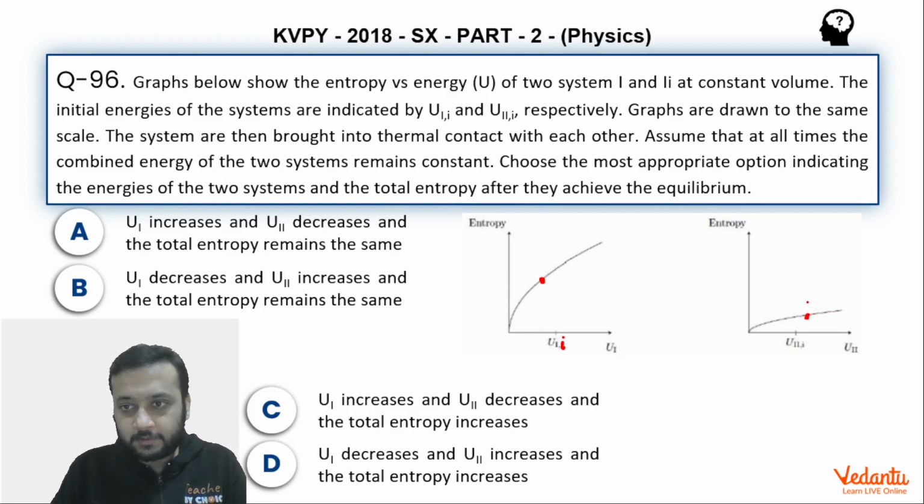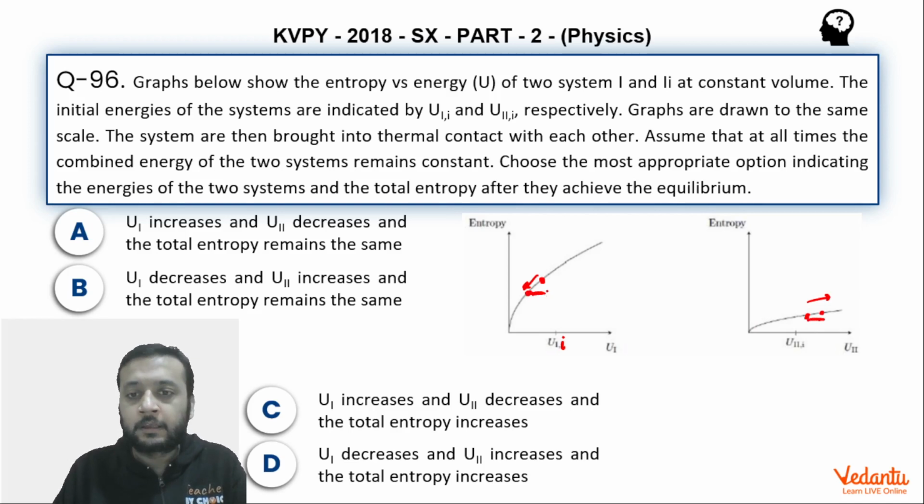Let us say the energy of system 1 decreases by a certain amount dU and it comes over here, and the energy of system 2 increases by the same amount dU and it comes over here. This length is the magnitude of the change in the energy.